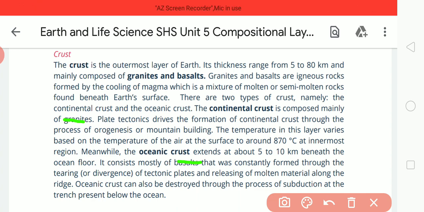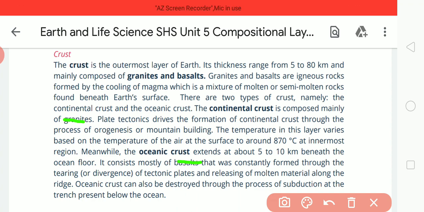So the oceanic crust, class, is formed when tectonic plates move strongly and diverge, or separate ways. So, since they separate directions, a gap is formed in the center. They are no longer joined, they have separated.